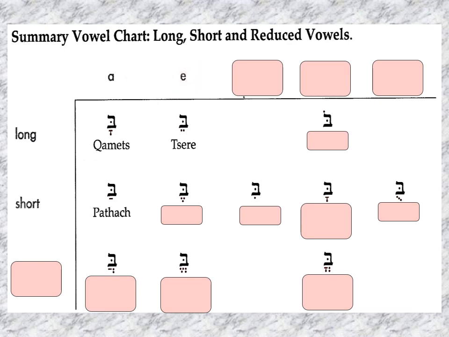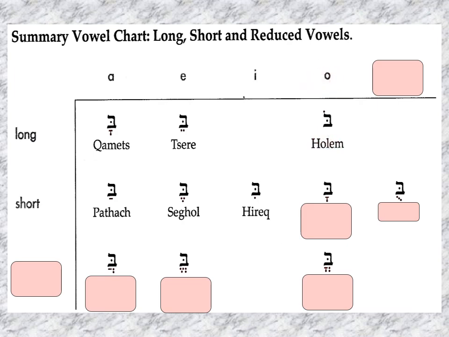Going down that column, what would be the short E class? Segol. Going to the next class, what would we be looking at for the short? Hireq. Good. And that's what class? I class. And then going to the long next class, it's a holem. Good. What's the class? O class. What would be the short O class?